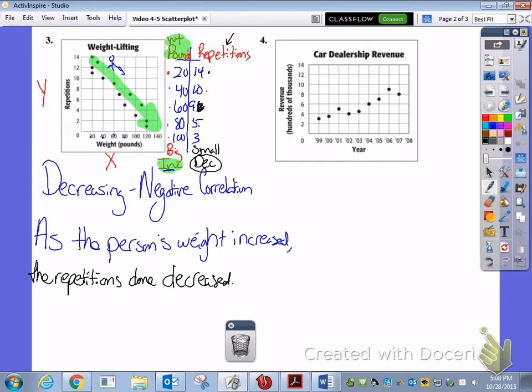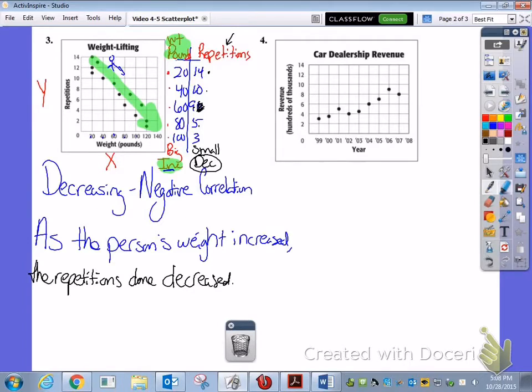A person that gains weight, they're not in as good a shape, so they can't do as many repetitions of weightlifting. When they're in really good shape, they did 40 to 20 each time, but as they gained weight, they weren't as physically fit, so they couldn't do as much, so it decreased. So as the person's weight increased, the repetitions done decreased, right?